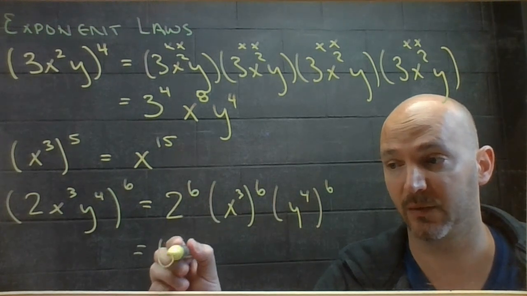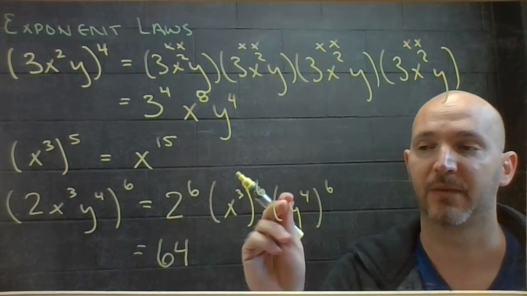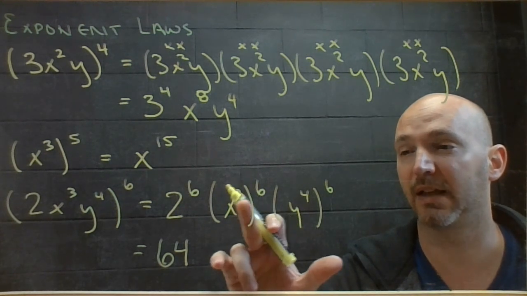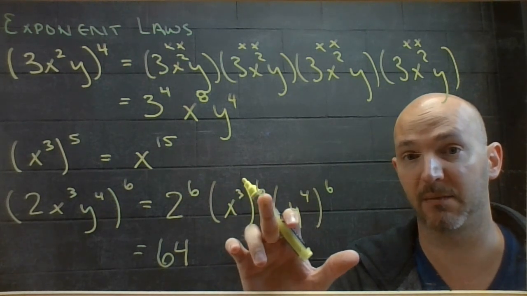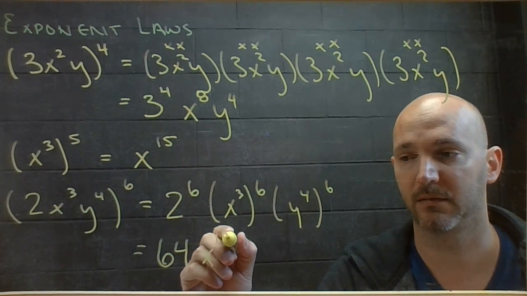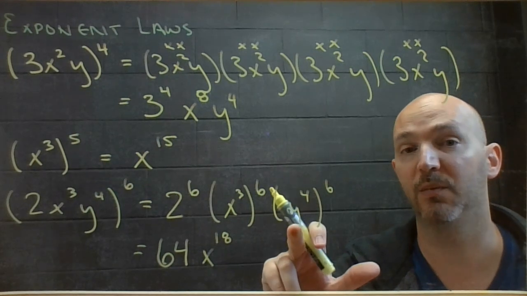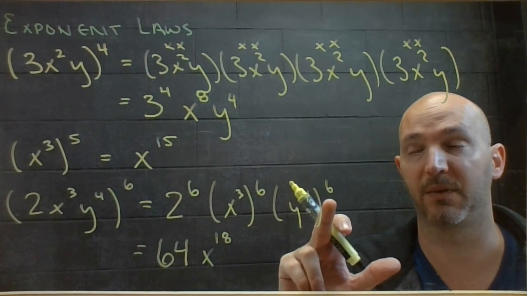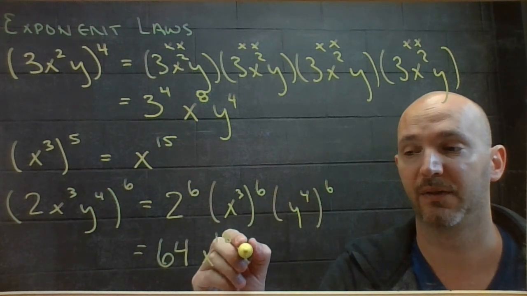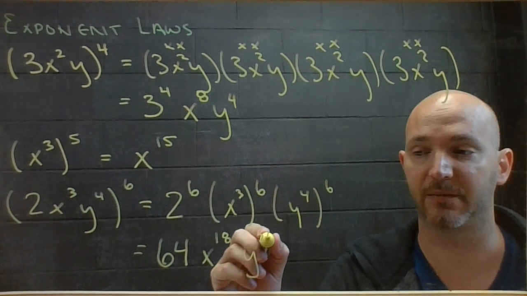You work out that number there. A triple x written 6 times, that's going to be 18, right? 3 times 6 is 18. And a quadruple y written 6 times, 4 times 6 is 24. So you're going to have 24 powers of y.